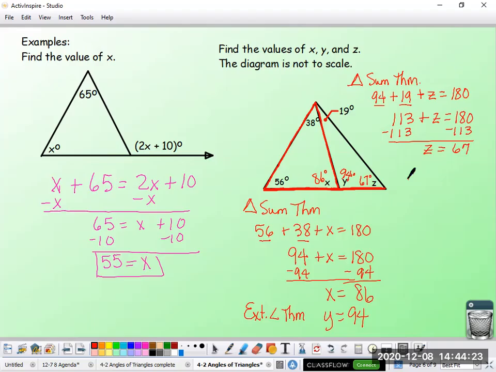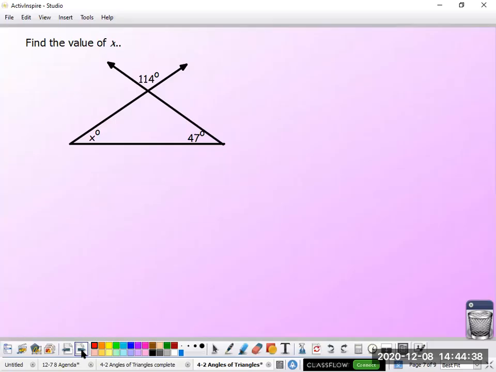So using a combination of the triangle sum theorem and the exterior angle theorem, you can work your way across a picture of a couple of triangles. All right, so right now pause and you can work this example. When you get done, restart the video.